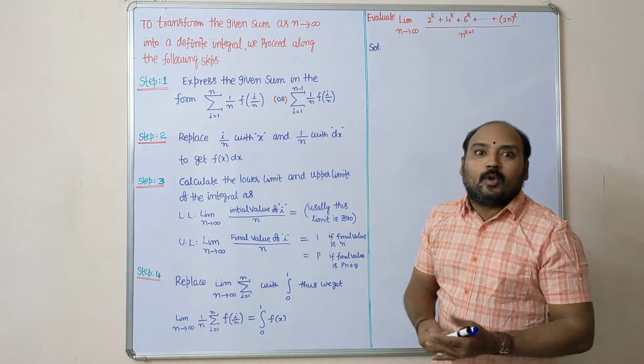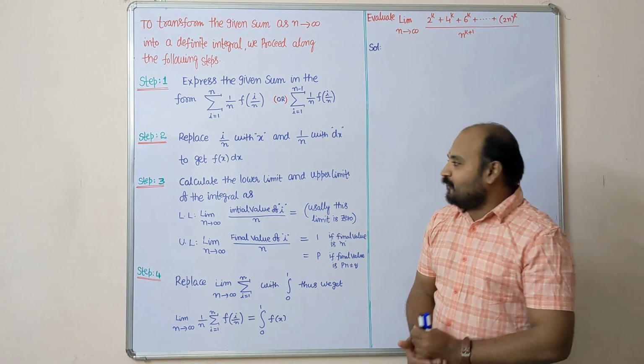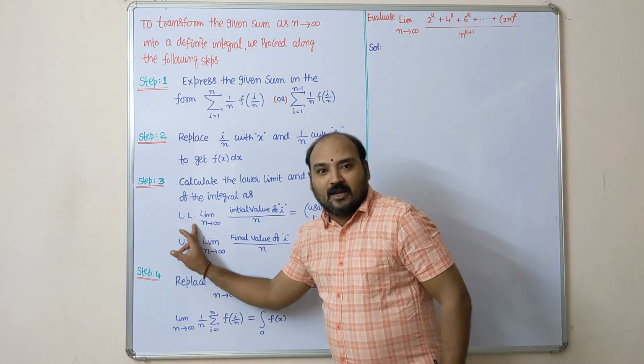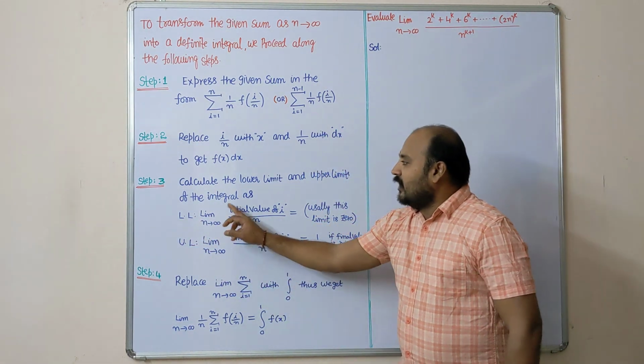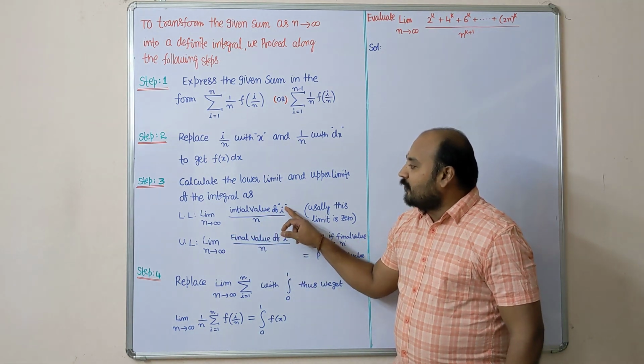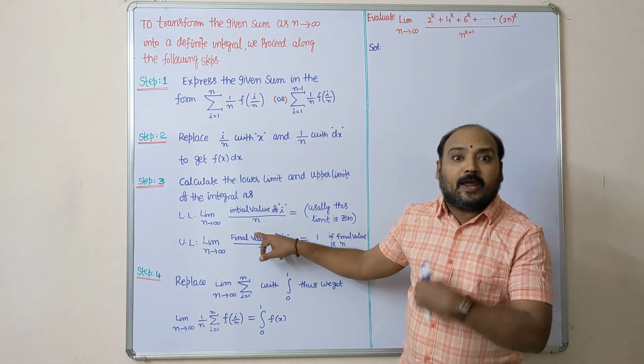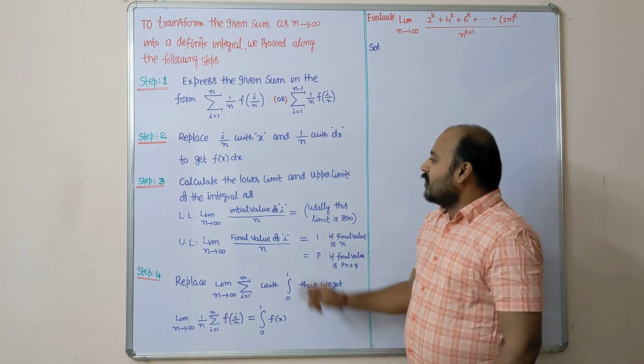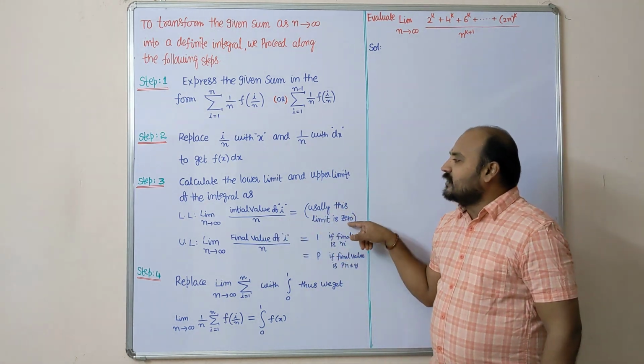How to calculate the lower limit and upper limit? Lower limit, LL means lower limit: limit n tends to infinity, initial value of i divided by n. Usually this limit is 0.